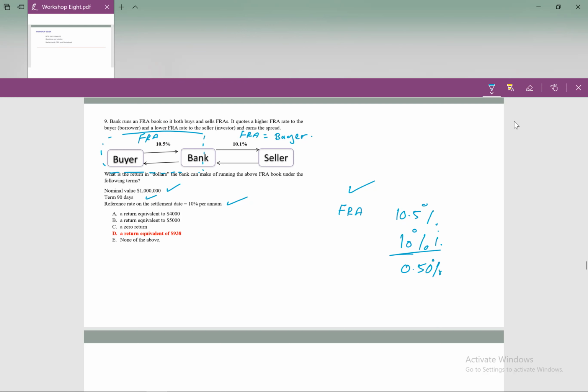Now in stage two, when the bank is a buyer, you have the FRA at 10.1, and the bank has to pay it.